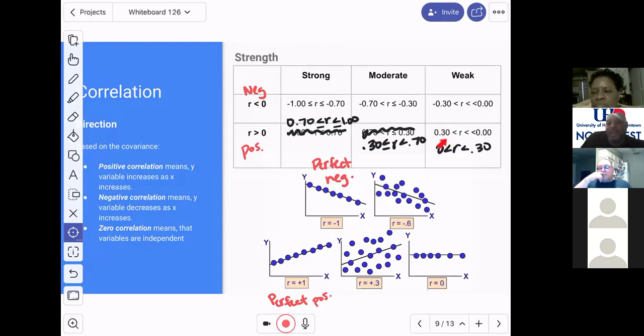You'll see somebody come up with a 0.2 and they'll say that's statistically significant, which it normally is, by the way. But most of the things in the real world happen in the weak category because there are so many other variables that play with things. But there are things in sciences that are happening in the strong and the moderate categories.